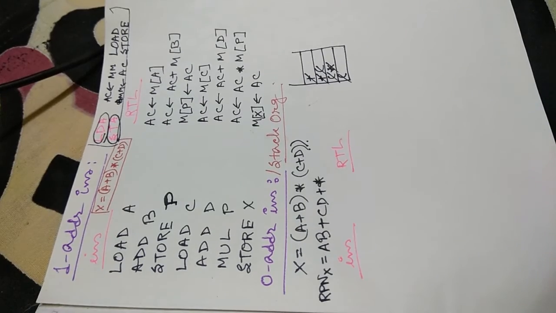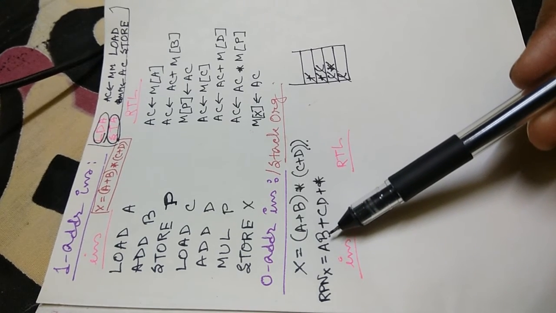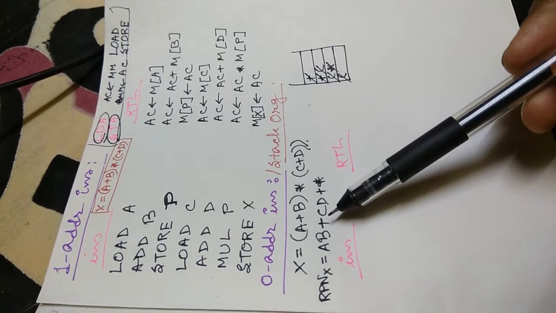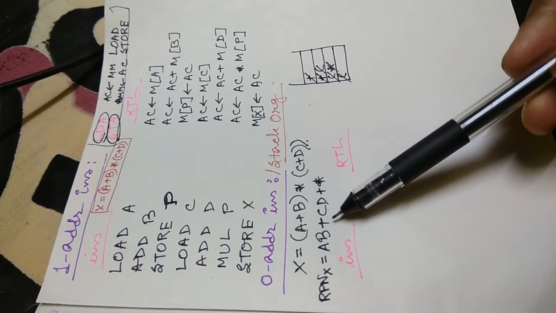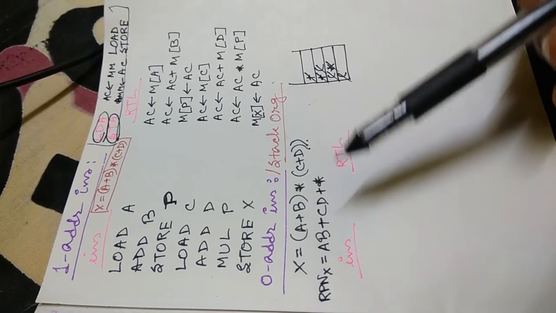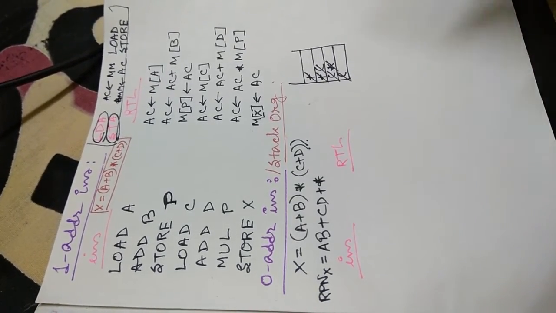You remember the evaluation procedure in stack organization? Whenever we encounter an operand, we push it into the stack, and when we encounter an operator, it automatically pops two.